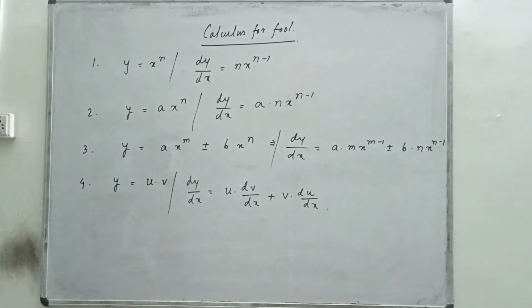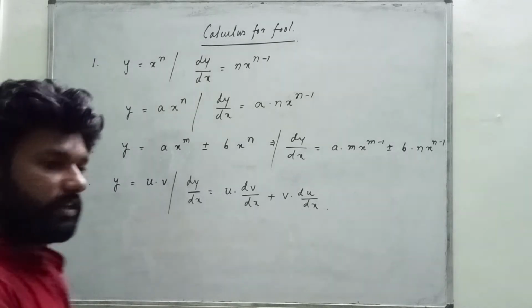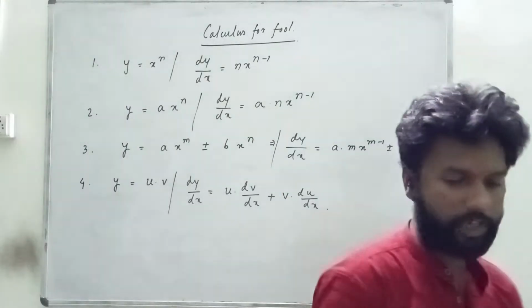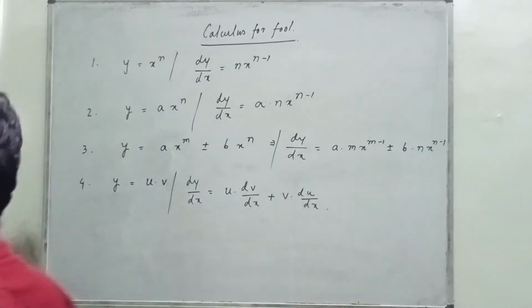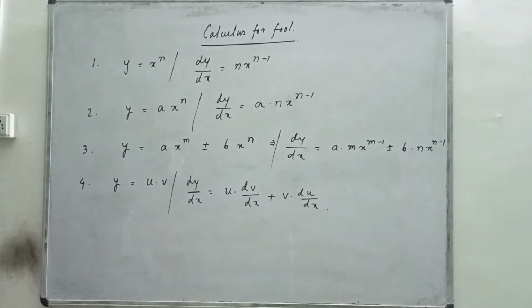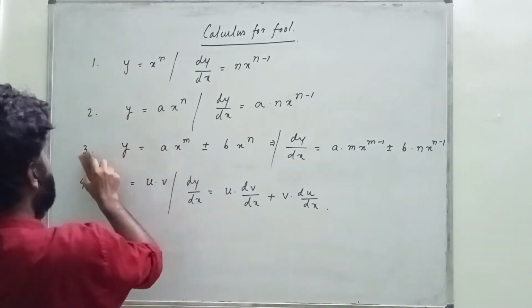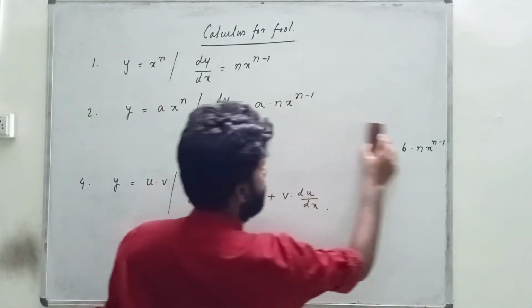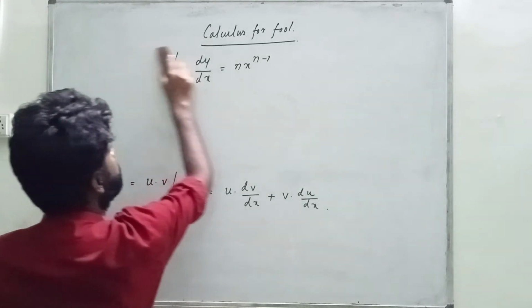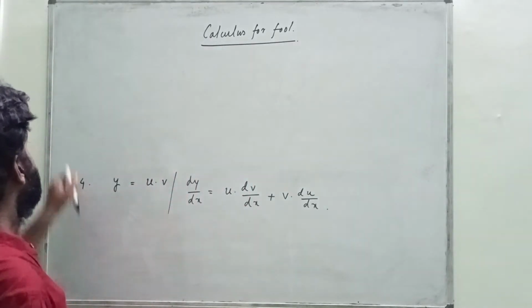Okay. Now I will introduce the quotient rule for dy over dx. Right? Okay. The quotient rule. Okay. So I'll erase 1, 2, and 3. I'll erase it. And I'll write here number 4 here.